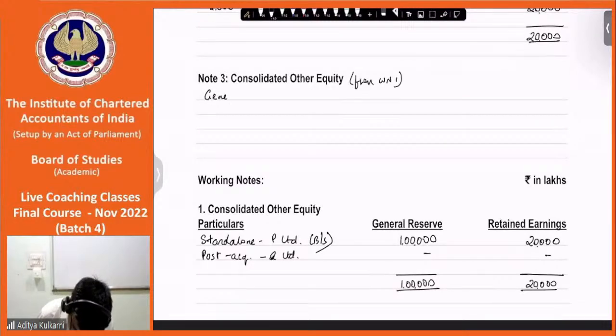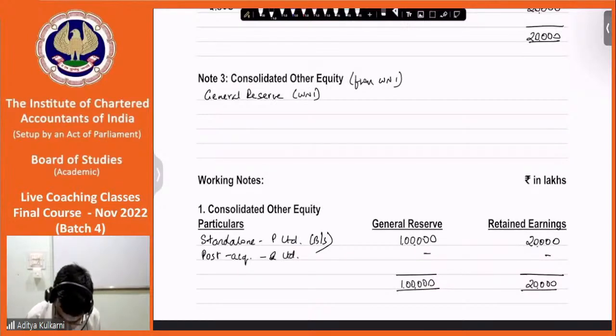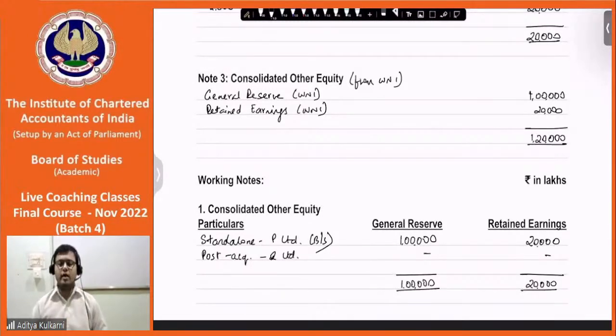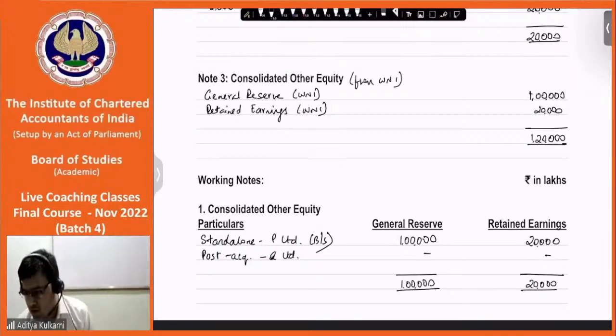So come to consolidated other equity, general reserve, working note 1, 1 lakh, retained earnings, 20,000. Total is 1 lakh 20.